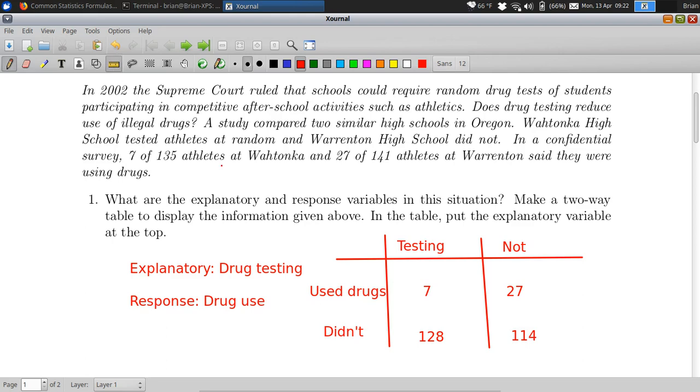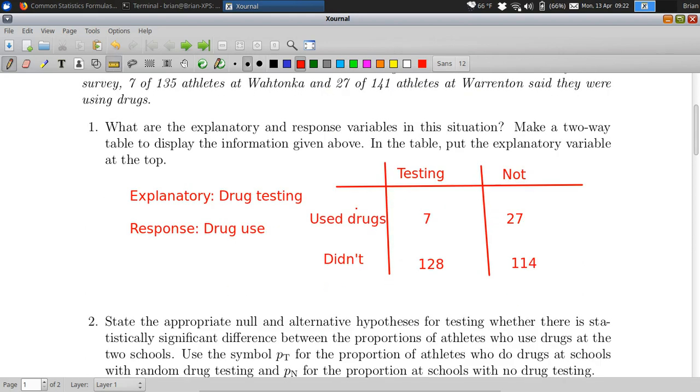And then it's a good idea to add in the totals for this two-way table. So the totals would be down here, and that's 135, and the other one is 141. Assuming I subtracted right, those should be the right numbers. Okay, great. So here's a two-way table.